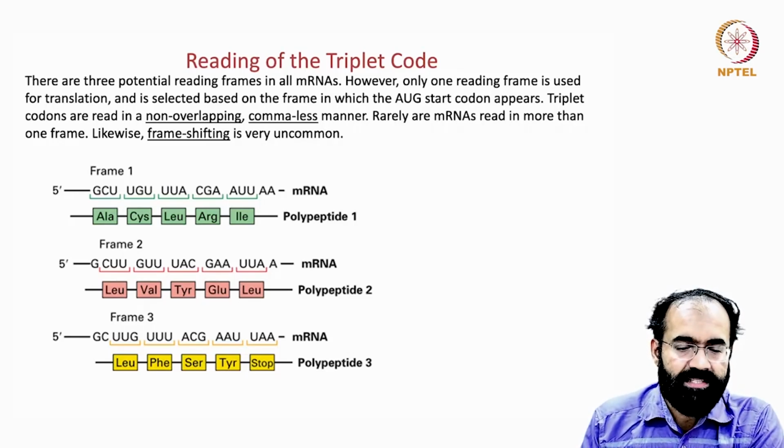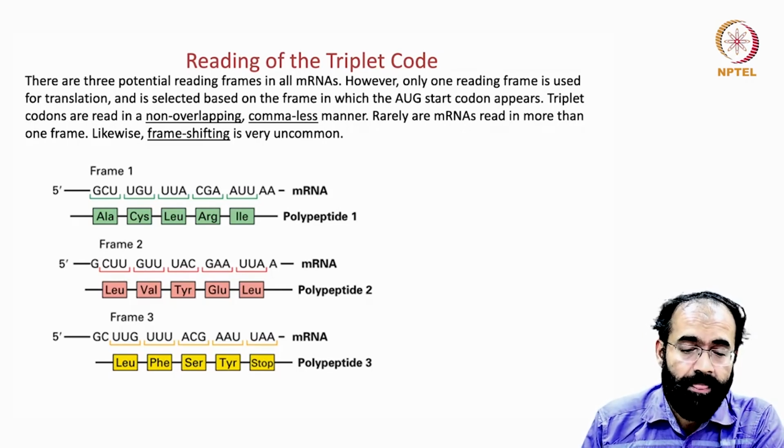Let us say GCU is one codon and UGU another. This is one frame starting from GCU. Now in this GCU, G is not counted, whereas CUU is counted, that means this C, U and U. So there is a frame shift and it continues like that: CUU, GUU, like that.